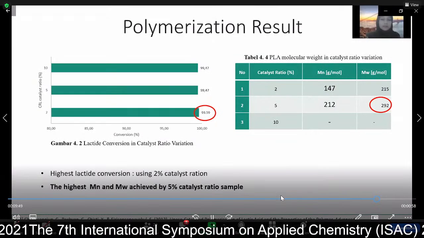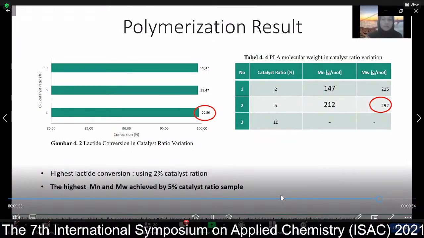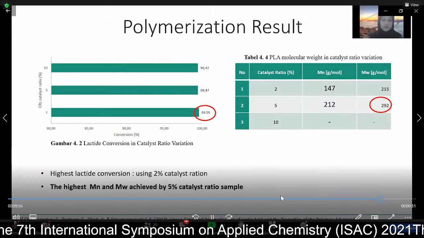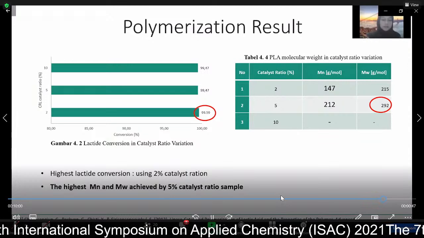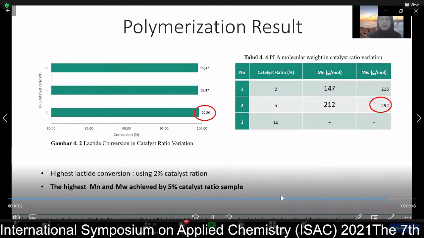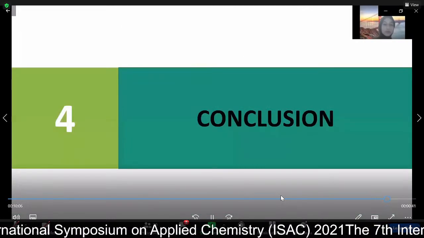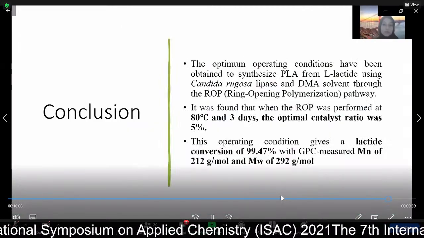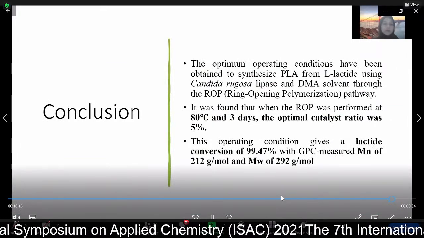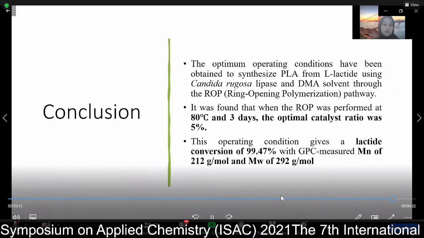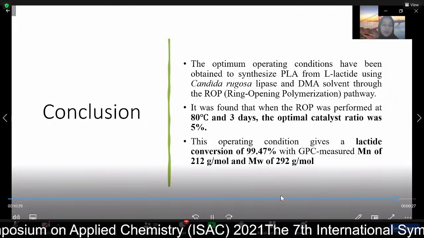Based on the table, the highest GPC Mn obtained is 212 gram per mole, and the highest molecular weight of PLA is 292 gram per mole, achieved using a 5% catalyst ratio. And the last part of my presentation is the conclusion. The optimum operating conditions have been obtained to synthesize PLA from lactate using Candida rugosa and dimethylacetamide solvent through the ROP pathway.